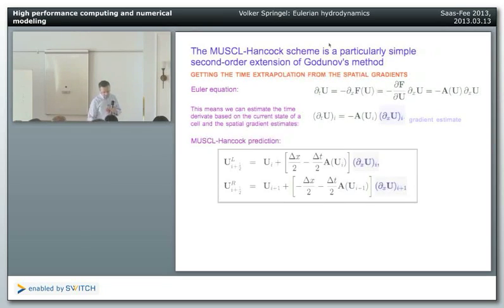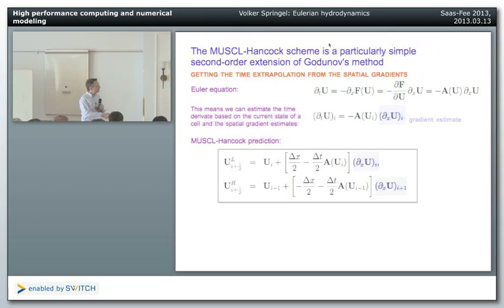So that is the neat idea, because it allows us to do a half-step forward prediction and a spatial prediction all together in this sort of formula. All we need is the spatial gradients for this. And then these states are fed into the Riemann problem to calculate the fluxes. Nothing else needs to be changed, and at that point you then have a second order accurate scheme.